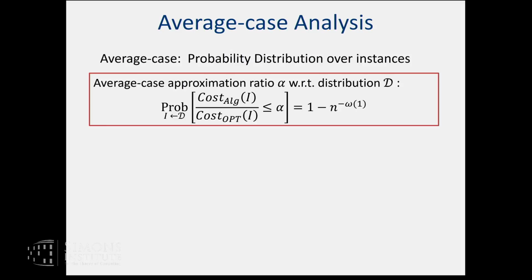And if you want a better average case approximation ratio, the goal is to find an algorithm which will always output, for any given instance from this distribution, a solution such that the cost of the solution output by your algorithm divided by the cost of the optimal solution is less than alpha with high probability. This kind of guarantee typically also implies a good expected approximation ratio, because you can always get an n factor approximation for a lot of these problems.